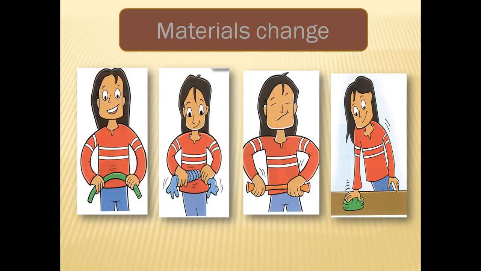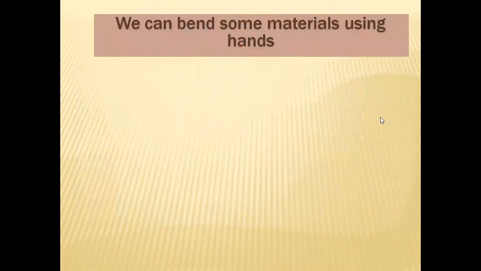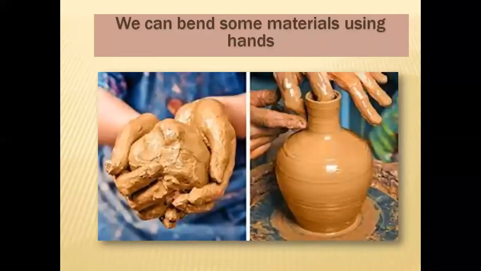Those materials that are soft change their shape. You can see in the picture, the girl is bending the rod, twisting the towel, stretching and squashing. We can bend some materials using our hands.